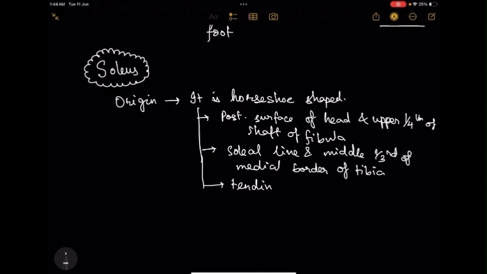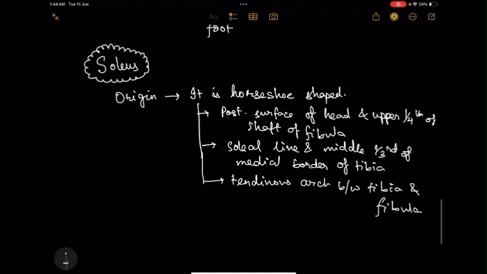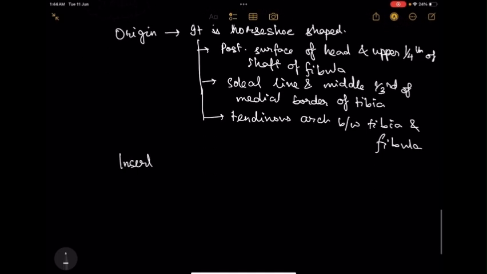Tendinous arch between tibia and fibula. Insertion. This is interesting. Means the soleus is interesting, but then again same thing, not too many diagrams. It is continuous with tendocalcaneus.